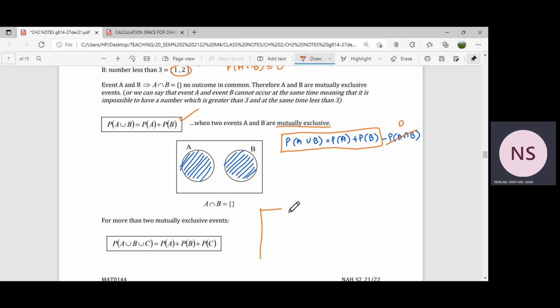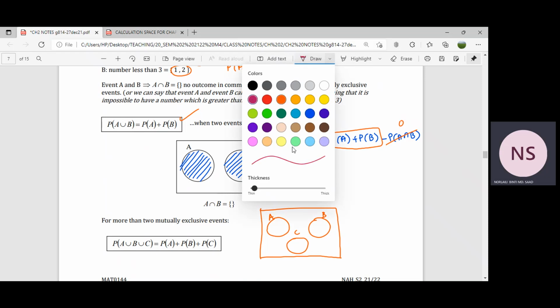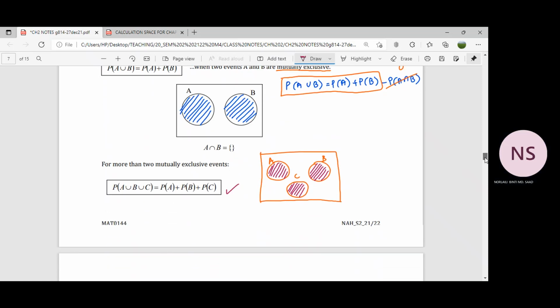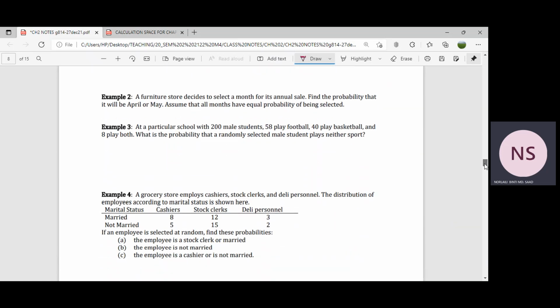For example, if you have event A, event B, and event C, all of them mutually exclusive, and we want to find the union for these 3 events, we just add all the probabilities. Done.